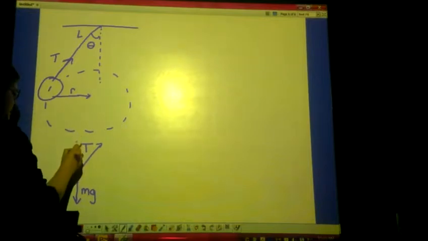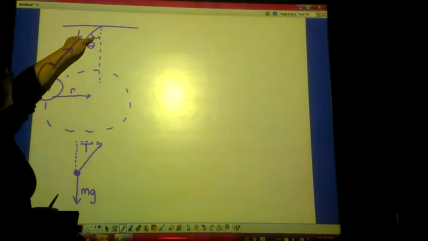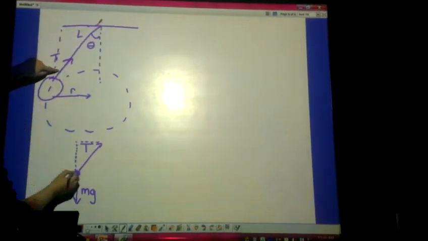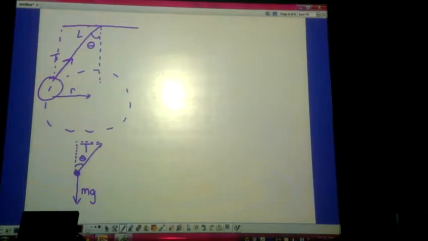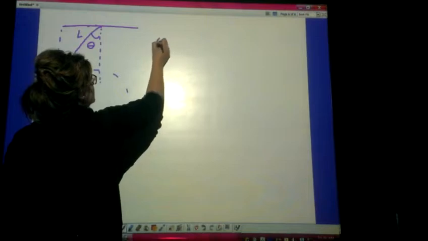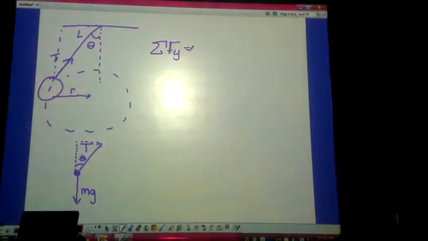So if theta is here, I finished my triangle on the opposite side, so theta would be here. Okay, so there's theta. These are the only two forces that are acting on it, so this would be my free body. Let's set up the sum of the forces in the y. Let's set up the sum of the forces in the x. So the sum of the forces in the y would be T cosine theta minus mg.